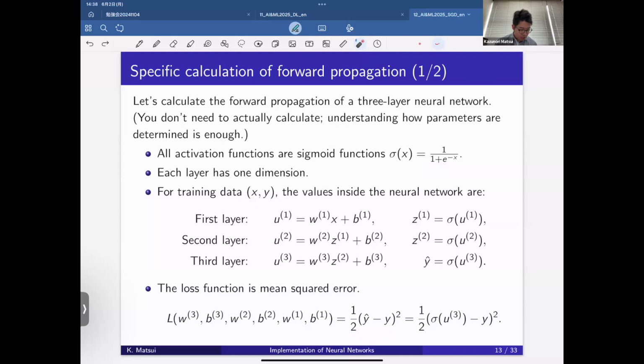Actually, since we are putting a sigmoid function at the end, it would be better to use log likelihood, but the calculation procedure is easier with this, so let's try this for now. First, let's say parameters are given.